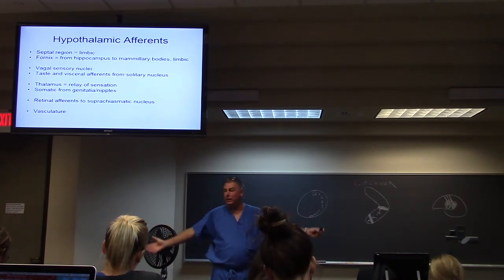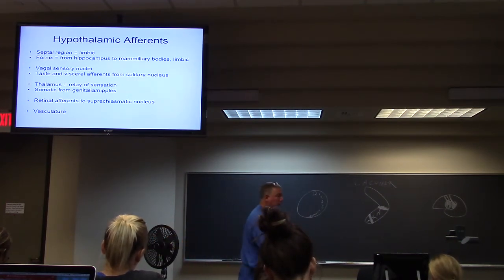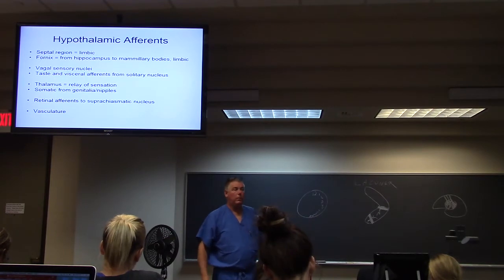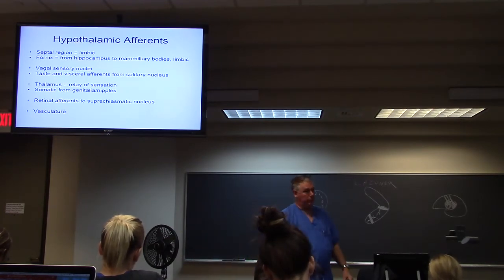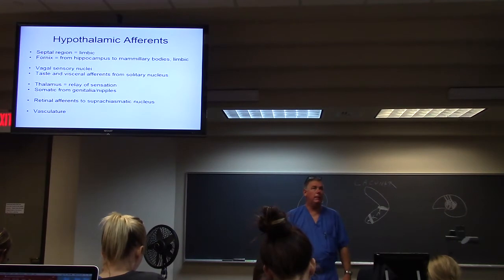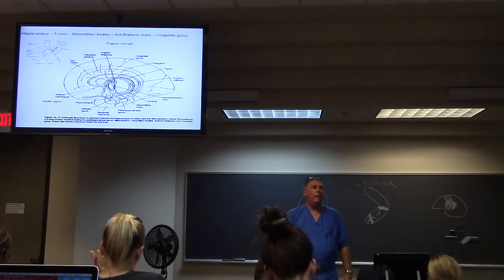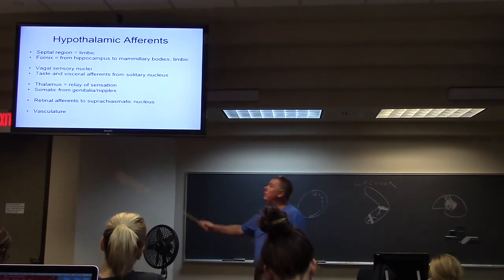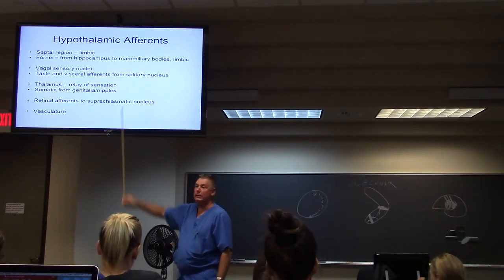And of course the vasculature throughout the body to let your autonomic system know how well you're doing, and some other factors. All right, if I go up here to the limbic system, let me explain that just a second.